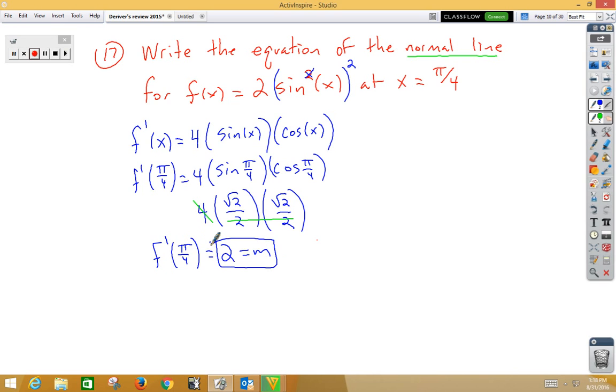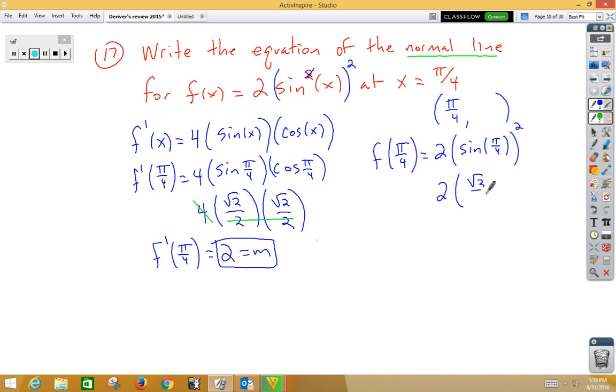We now need a point. We have pi over 4 as our x value, we need a y value. So let's plug into the original, so we have f of pi over 4 is equal to 2 times sine of pi over 4 squared. So 2 times root 2 over 2 squared.